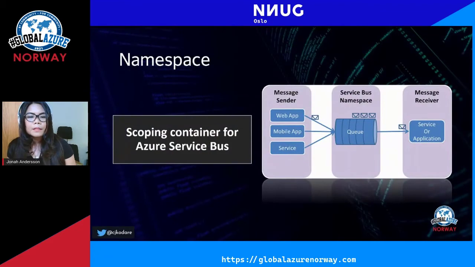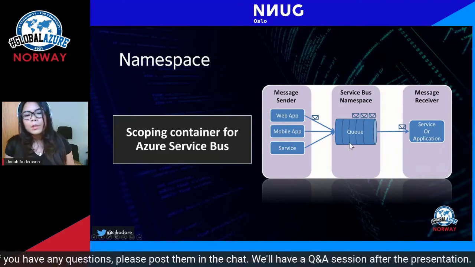The namespace. The namespace is vital in Service Bus. It's like a scoping container for the Service Bus. As you can see in this example, the namespace is like a container for your queue, for example, where your app, which is a message sender client, can be a web app, a mobile app, or a service, sends the message into the queue, and that queue should be in a namespace.